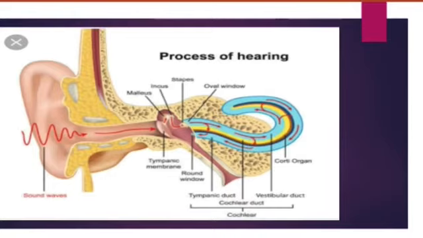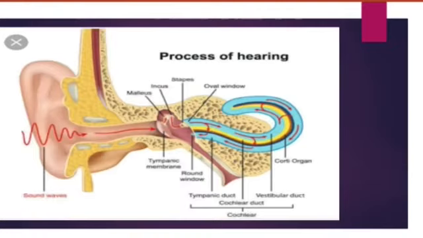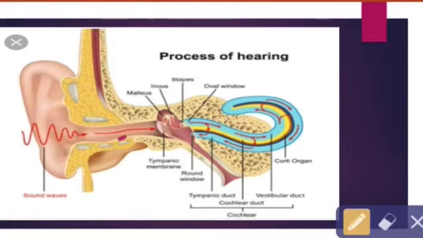Next is the process of hearing, how we can hear. When sound waves pass through the pinna, travel through the external ear, pass through the external auditory canal, and reach the tympanic membrane, they vibrate the tympanic membrane.